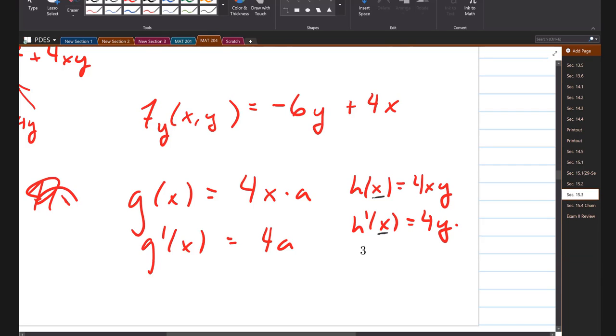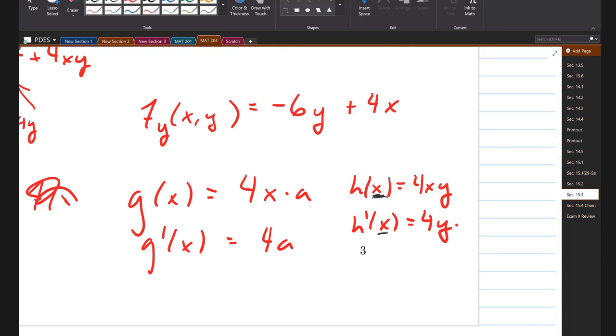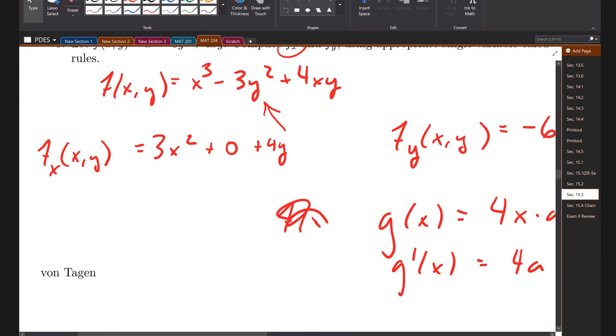Notice I'm using the prime notation from Calc 1, because this function only depends on x. Even though I've written the letter y there, I'm treating y as a constant. Y is usually used for a variable, but in this problem I'm treating it as a constant. Now, the difference is that over here, when I look at, say, k of x, y equals 4xy, I am treating y as a variable, so when I go to take the derivative, I have to use the partial notation to denote that this is a multivariate function.